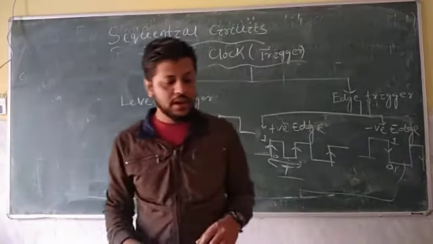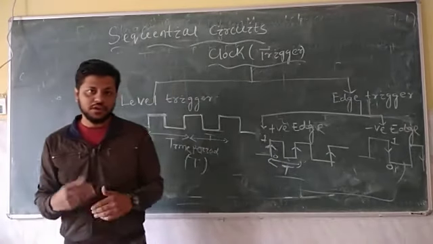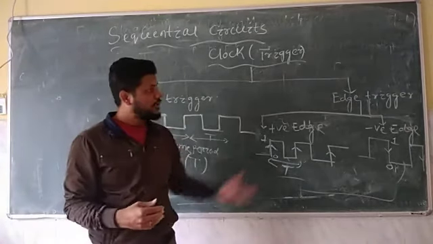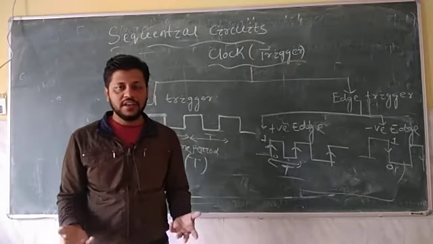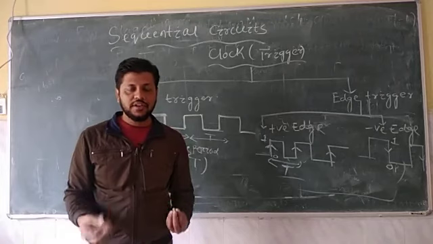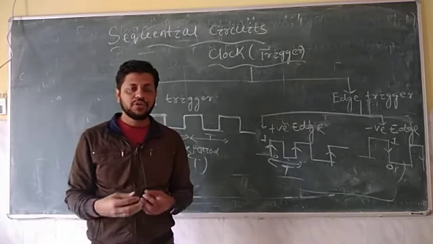Thank you. In the next class we will see more and more about sequential circuits. I will teach you how to construct the SR flip-flop, what its advantages and disadvantages are, its characteristics table and its state table, which is very important.